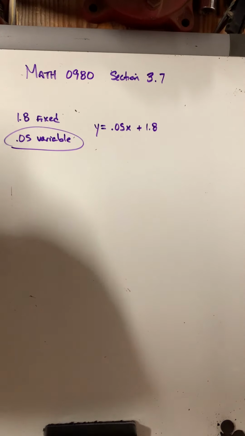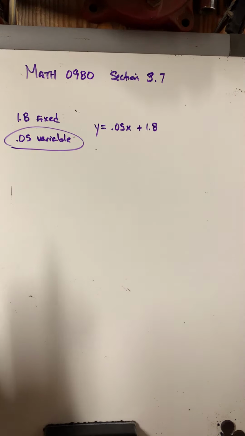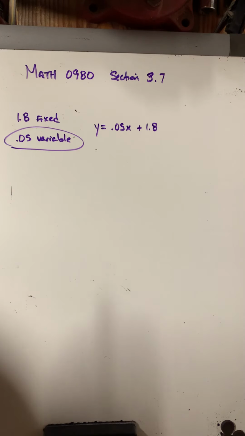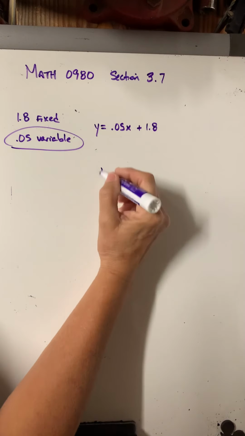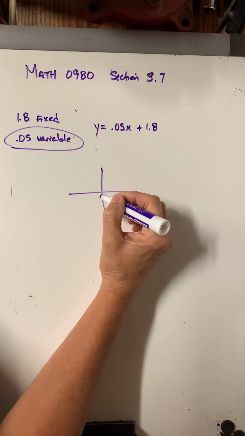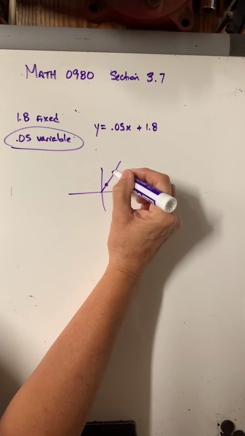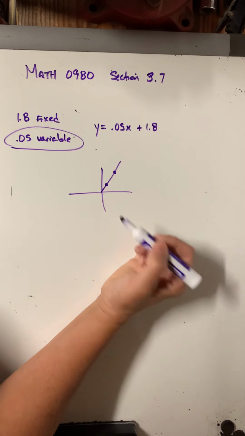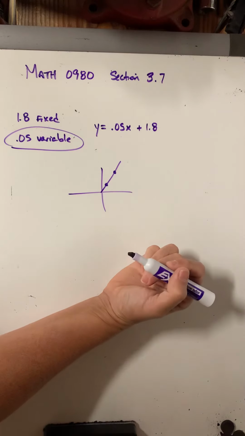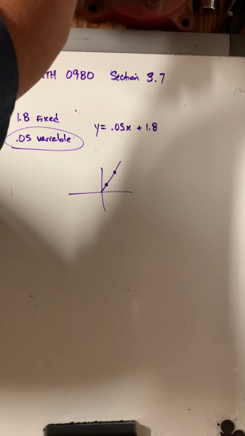Okay, question 13, they give you a graph and they want to know how fast the plane is rising. So what you need to do on this is you need to find 2 very clear parts of the picture where you can really determine what the points are and then just find the slope. So when you find the slope, that will be your answer.